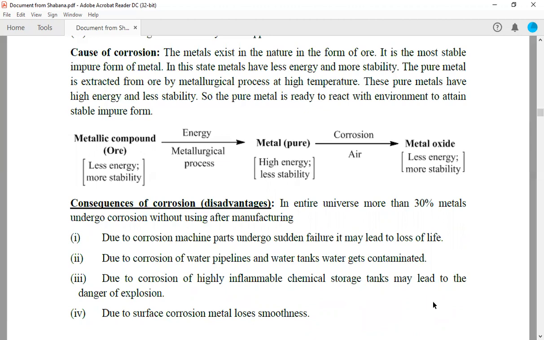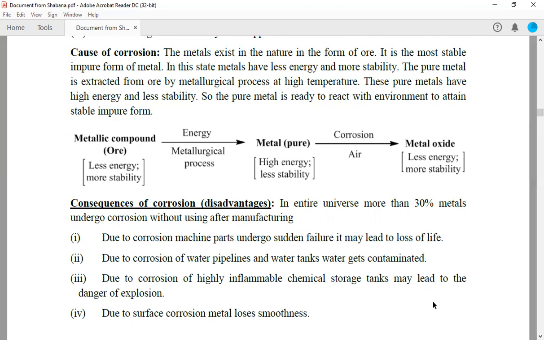The process of corrosion is very harmful and is responsible for enormous wastage of metal in the form of its compounds. It is estimated that the amount of iron wasted by corrosion each year is about 1/4 of its annual world production.